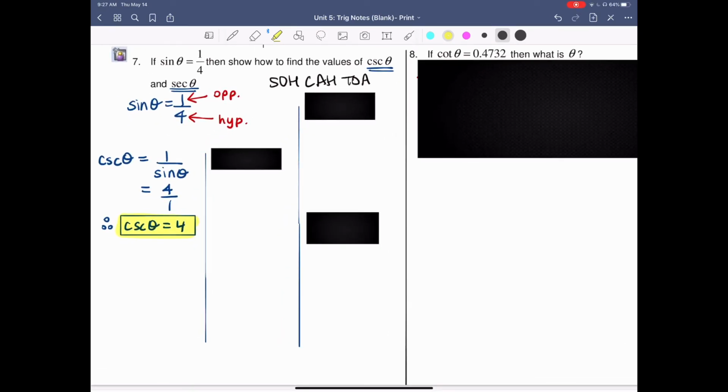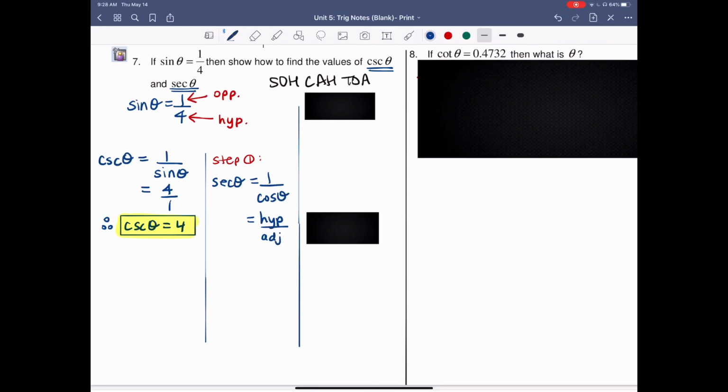So that was good. But for the secant theta, there are a couple of steps involved. So step 1, what I'm going to do is identify what secant theta means to me. Secant theta, well, it's 1 over cos theta. Meanwhile, cos theta is SOHCAHTOA, so it's adjacent over hypotenuse, but it's a reciprocal, and so it's hypotenuse over adjacent.